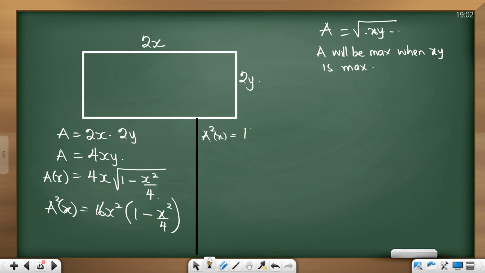Can we simplify that expression? Multiply the 16x squared in, and we have 16x squared minus 16 divided by 4, which is 4x to the power of 4. Now, all we need to do is simplify.